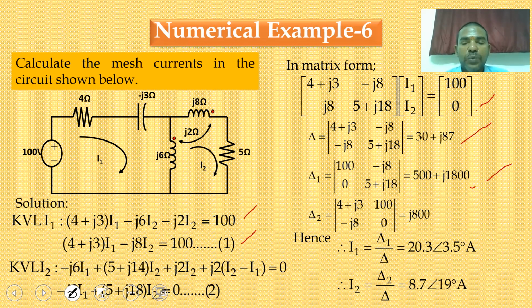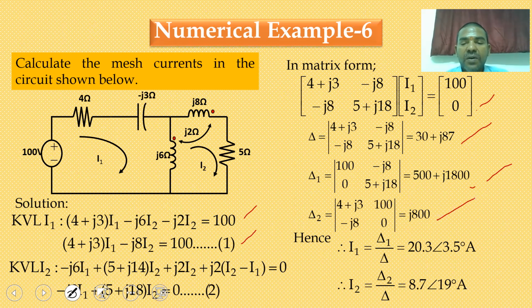Then delta 2, replace the second column by the RHS: 4 plus J3, 100, minus J8, 0. Finally you get J800. Then according to Cramer's rule, I1 is equal to delta 1 by delta, and I2 is equal to delta 2 by delta.